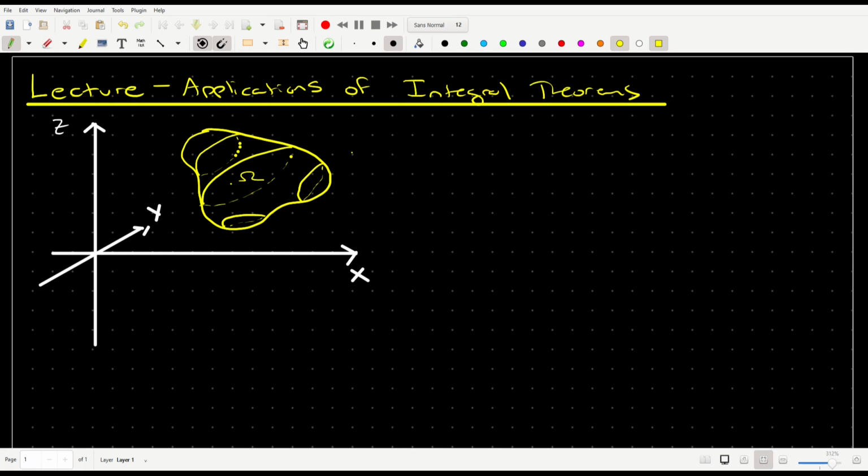The surface of this region, or the boundary of omega, I'll call S. The idea here is that we're going to assume there's some sort of temperature distribution, so say maybe regions of hot, regions of cold, as the initial temperature distribution, and then all temperatures in between inside this region. It's a fairly standard scenario.